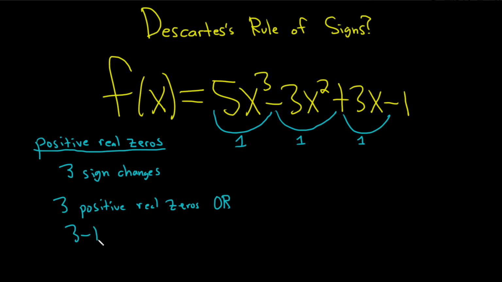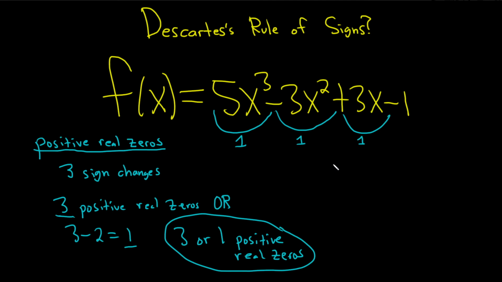So 3 minus 2 is 1. So we have 3 or 1. So the answer is 3 or 1 positive real zeros.